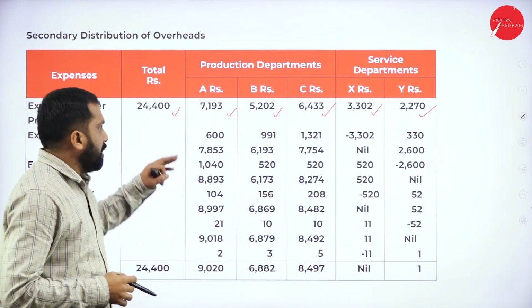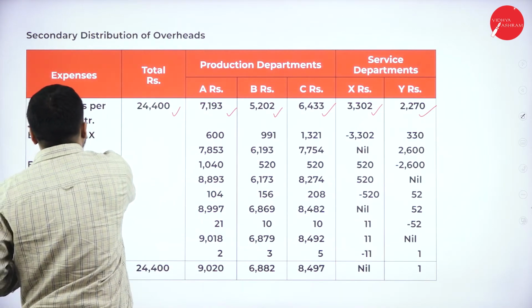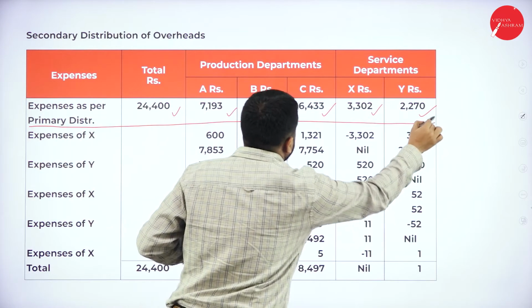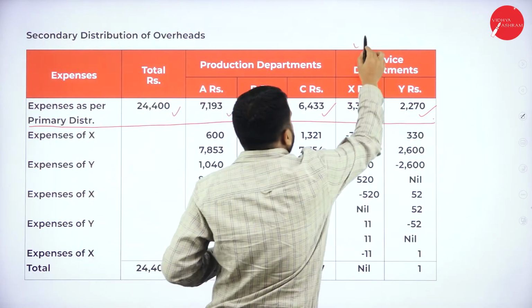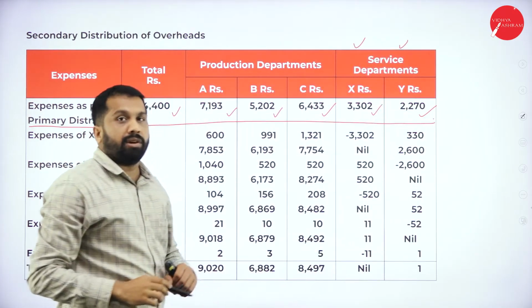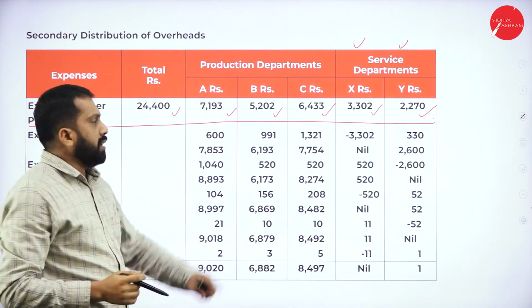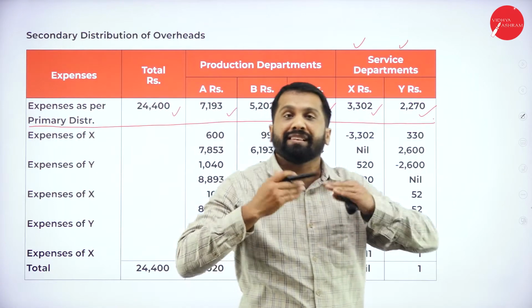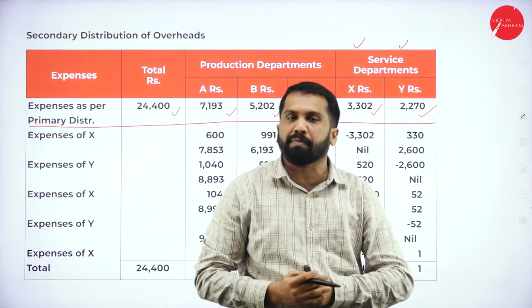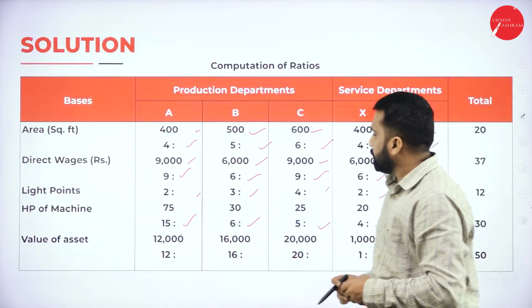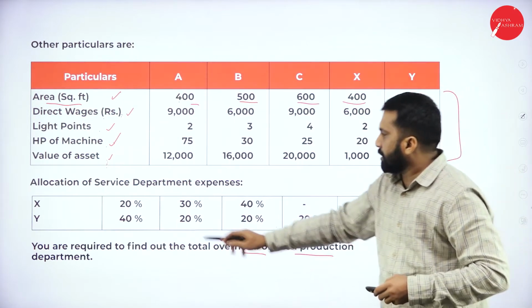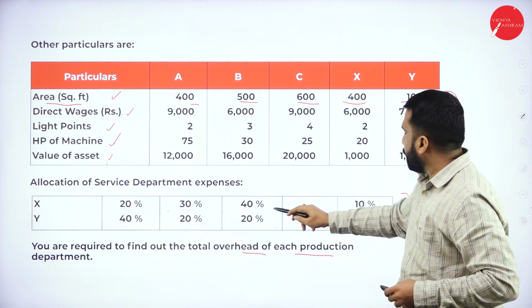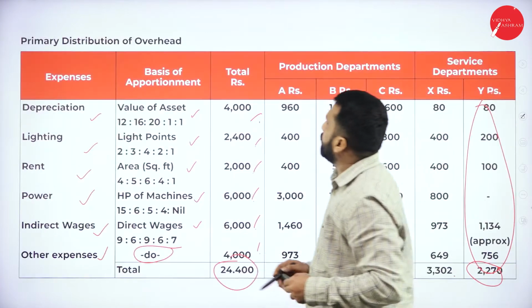Good. Now, after taking this, X and Y, we call it your service department. Whatever is there in the service department, we are supposed to distribute to the remaining departments. On what percentage? I'll show you. The percentage is 20, 30, 40, 10.